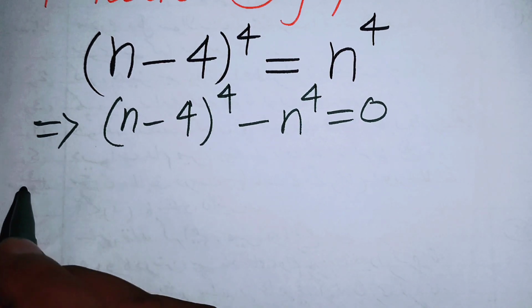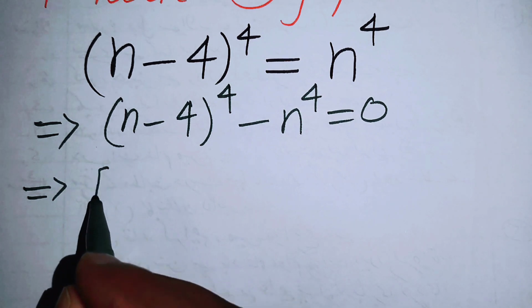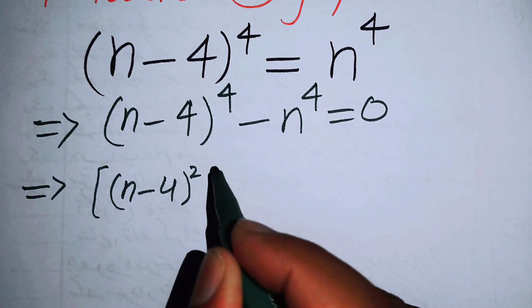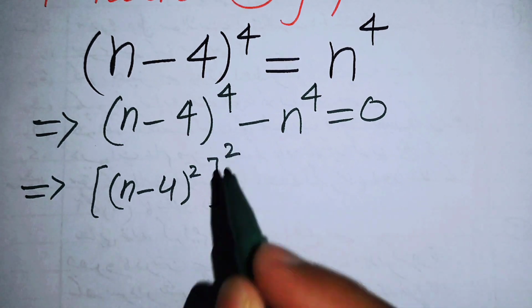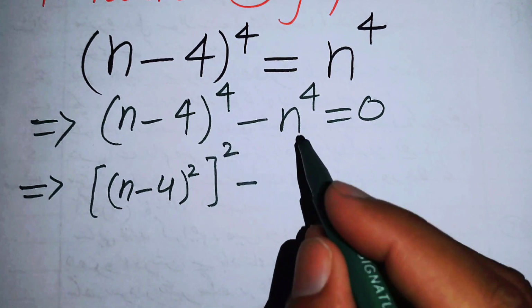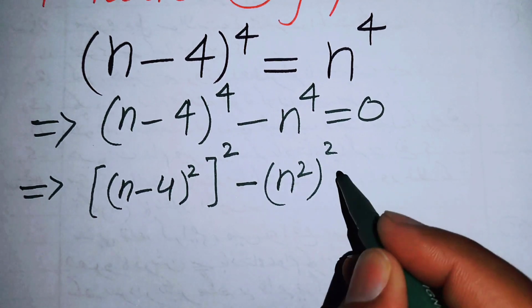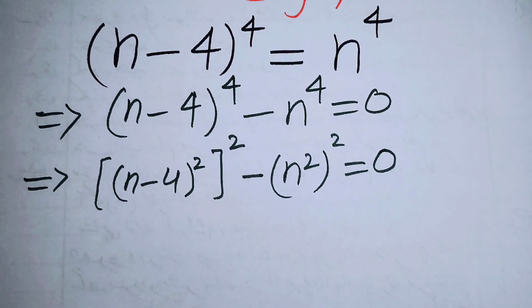And now we can write these two terms as ((n minus 4) squared) squared minus we can write this as (n squared) squared is equal to 0.